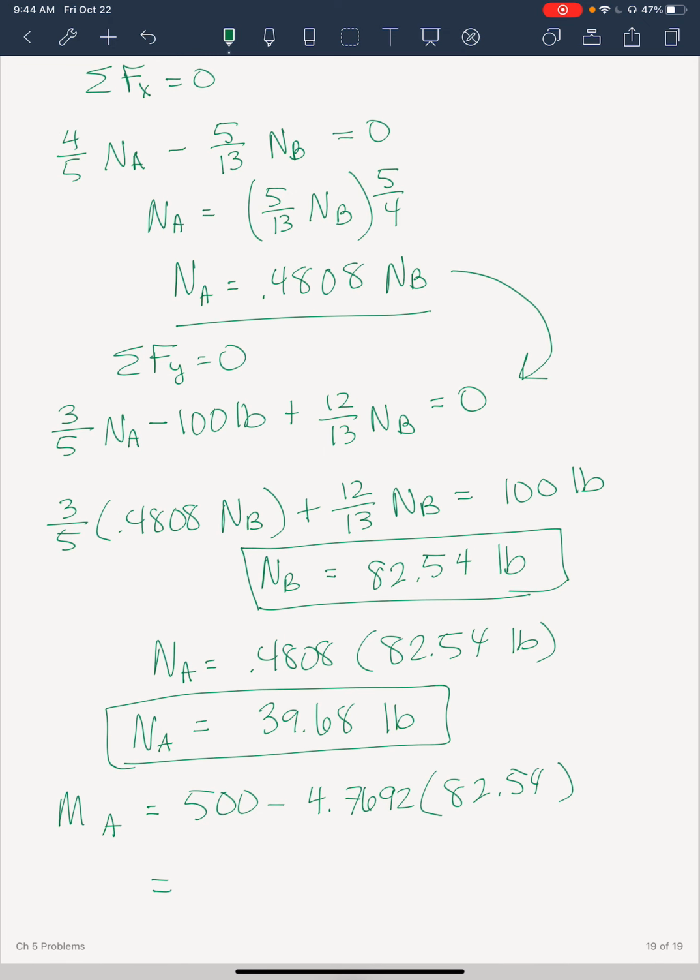Again, I'm going back up in the calculator to find those numbers. We get MA equal to 106 pound-feet.